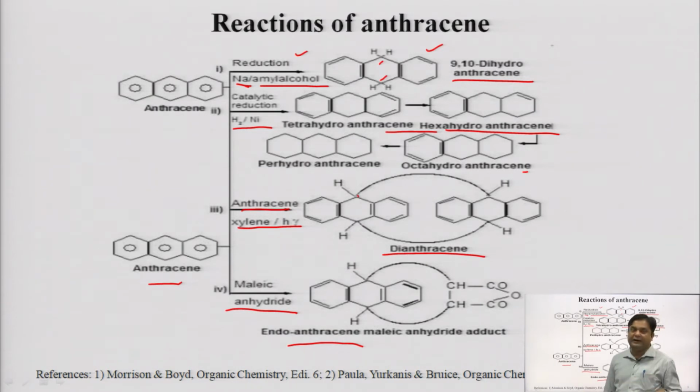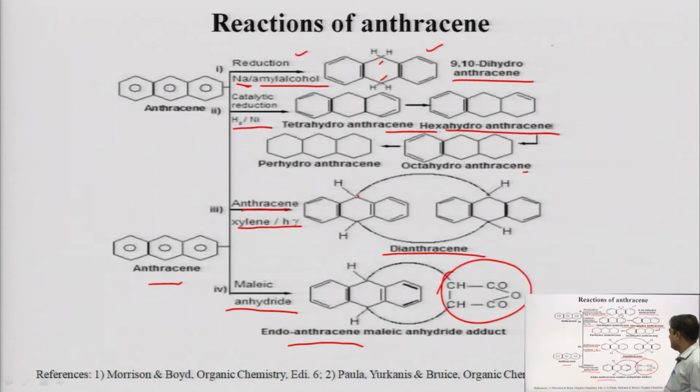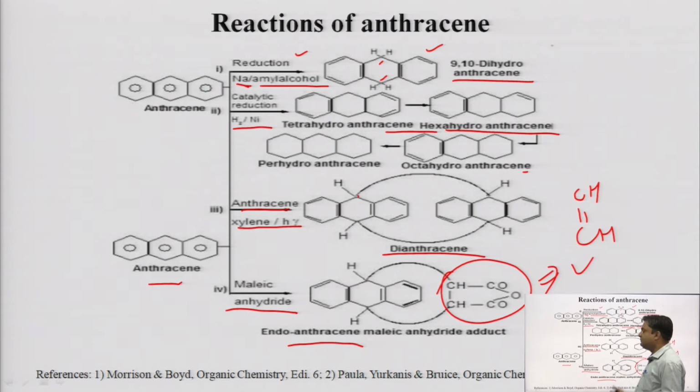This is clearly an example of the Diels-Alder reaction. This is the molecule of maleic anhydride which is added to the anthracene. It has a double bond, so it acts as a dienophile, while the anthracene molecule acts as a diene.